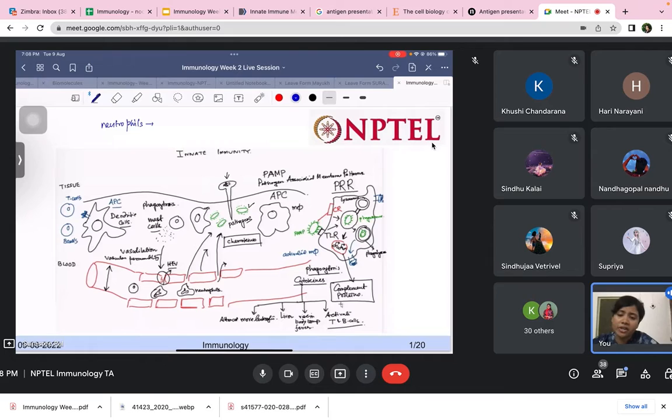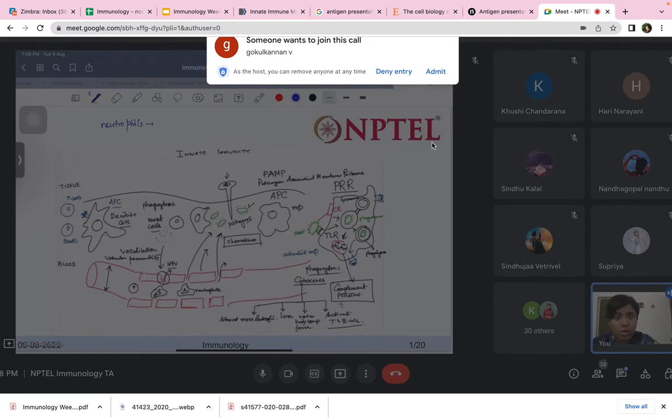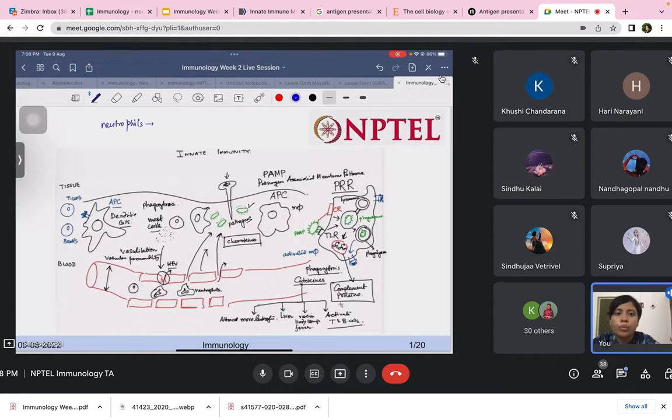It is occurring in some of our tissue, so these neutrophils need to migrate to the site of infection, where they will perform their dedicated function.